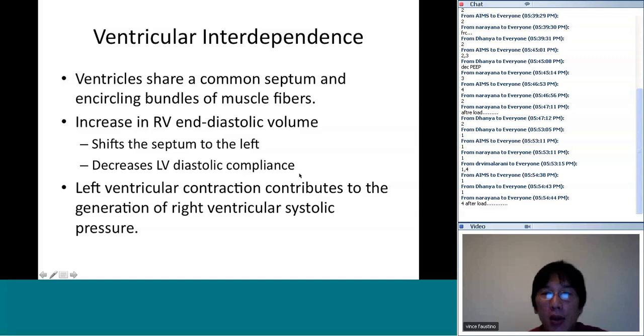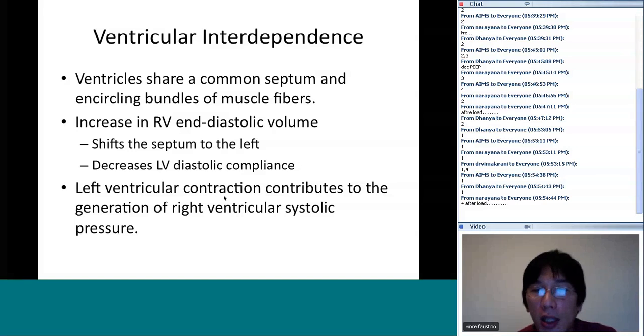The other good thing with the interdependence between these two ventricles is that left ventricular contraction actually contributes or helps the contraction of the right ventricle. The other concept that's slowly coming into play is that patients with very prolonged bundle branch block end up in cardiomyopathy because there's just a dysynchrony in the contraction between the left ventricle and the right ventricle.